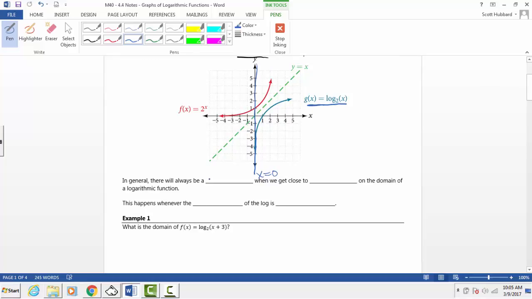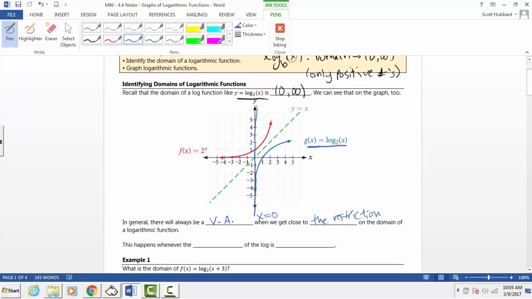Okay, so in general there will always be a vertical asymptote when we get close to the restriction on the domain. In this case, for a log that's not shifted, the restriction is 0. And so x equals 0 is my vertical asymptote.